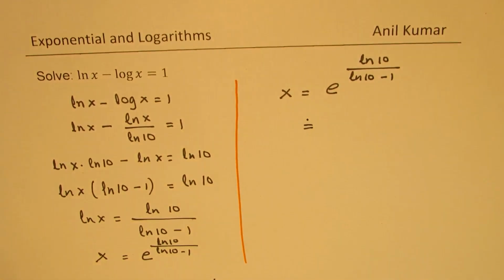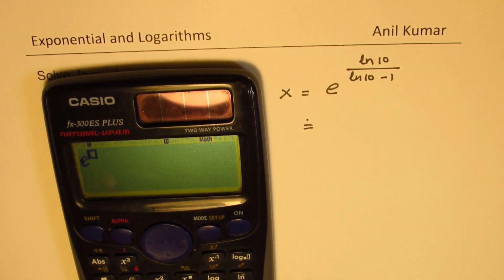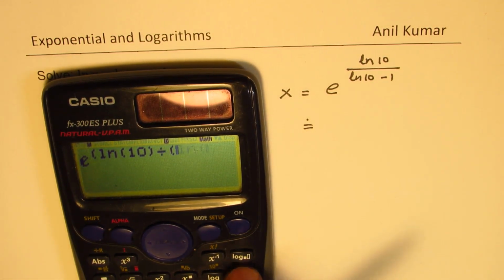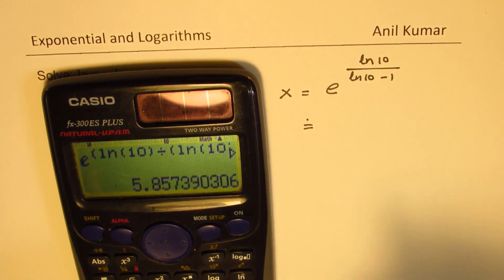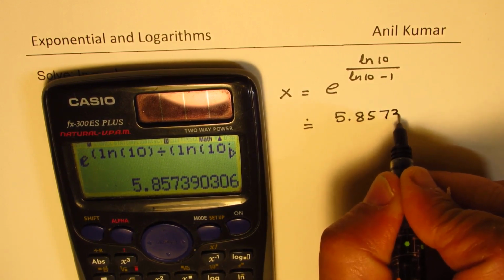So approximately, the answer could be e to the power of, with the exponent within brackets ln 10 divided by, within brackets, ln 10 minus 1, bracket close, which is approximately 5.85739, right?